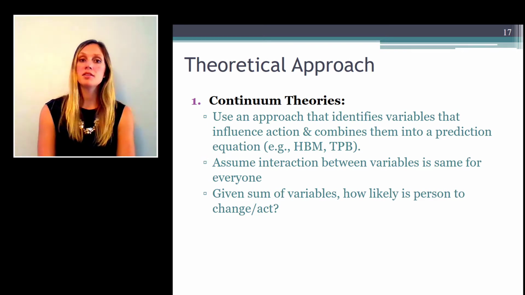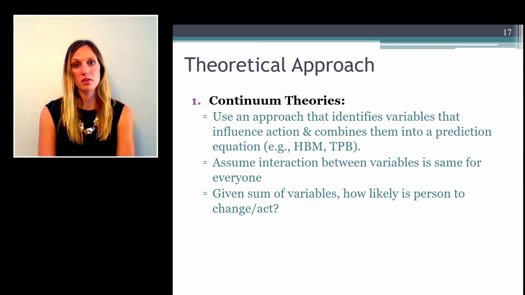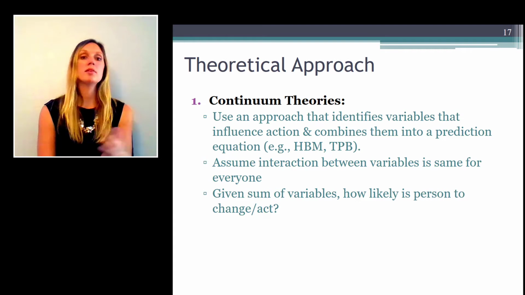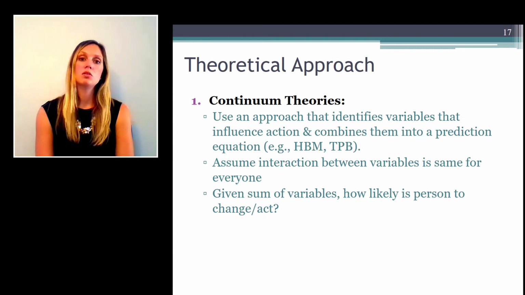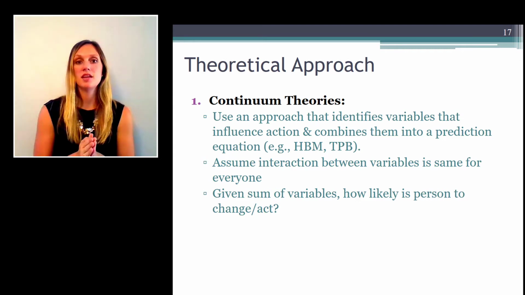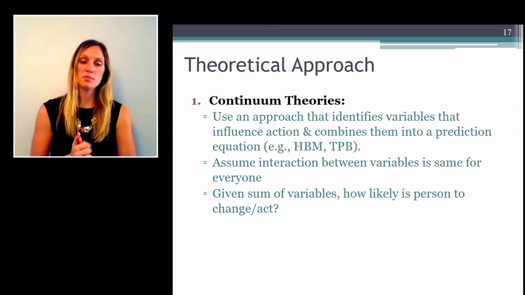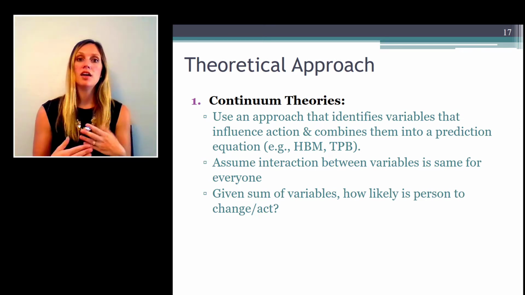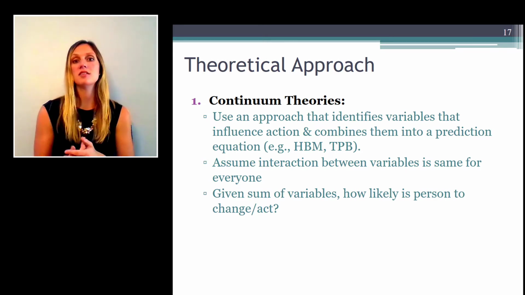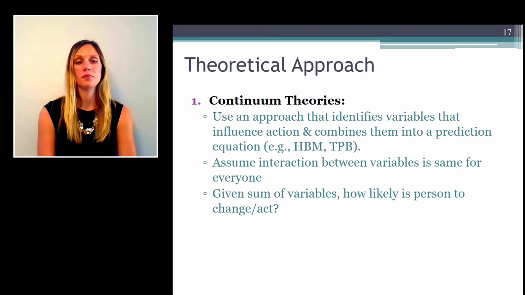So these are the A plus B plus C equals behavior change type theories, and there are a number of examples in this course. So the continuum theory, if you enter any population, you use the theory in the same way. You use A plus B plus C equals behavior change, and everybody is supposed to start at the same place, and the intervention should work the same for everybody.